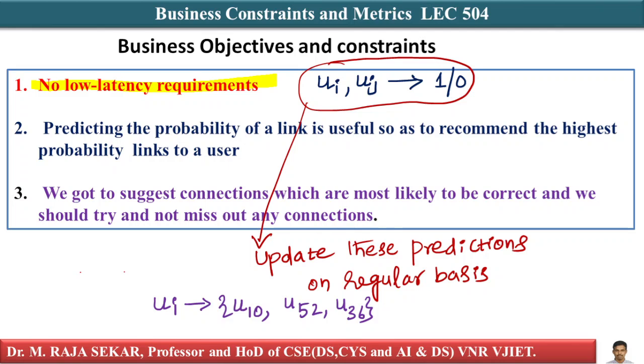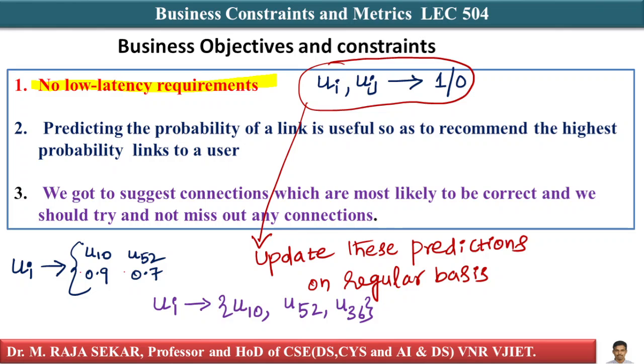Number two is, we want to predict the probability of a link. For example, UI could be following U10 with probability 0.9.